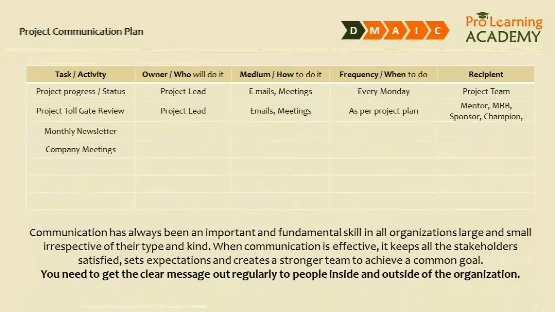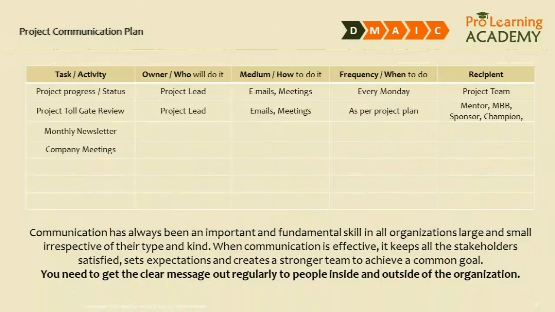Moving on to the communication plan, which is very important. Communication has always been an important and fundamental skill in any organization, large or small. When communication is effective, it keeps all the stakeholders satisfied, sets the right expectations, and creates a stronger team to achieve a common goal.